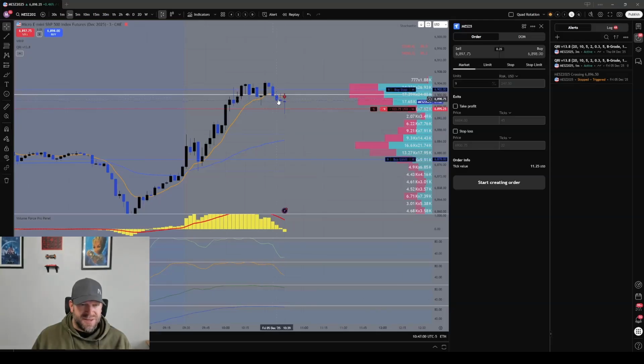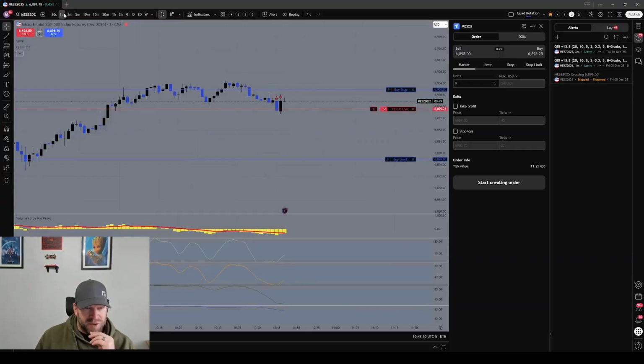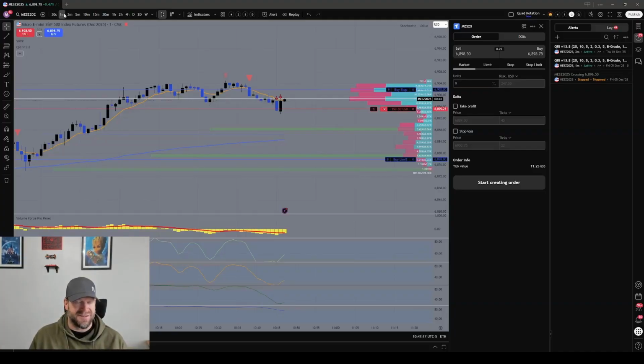But again, you see the kind of consolidation candles we're getting into here. So I'm hesitant to cut it too early. And if we zoom back over to the 1 minute, did it actually cross over that 9 EMA? No, it didn't. Not yet.